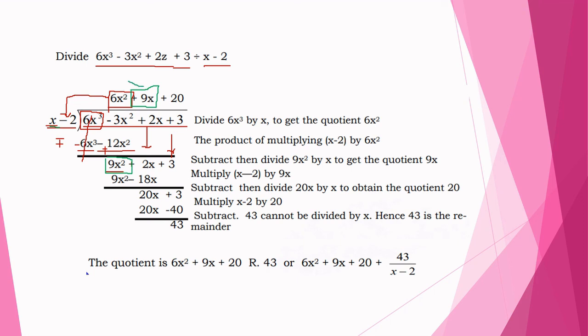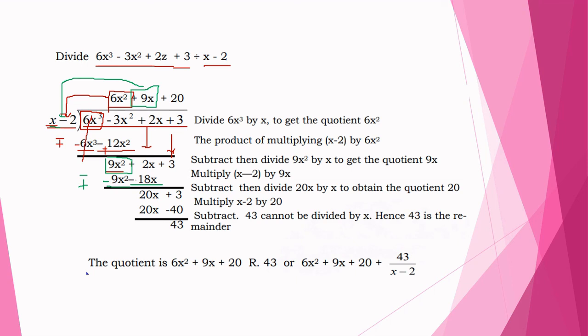Then, multiply. We have 9x times x is 9x squared. 9x times negative 2 is negative 18x. Then, subtract. Change the sign of the subtrahend and follow the rules in addition. So, from positive 9, it will become negative 9.